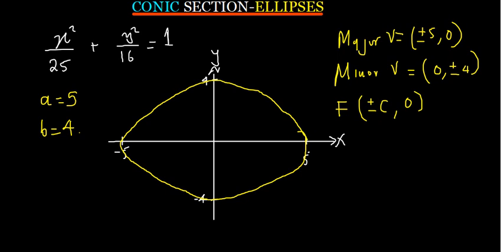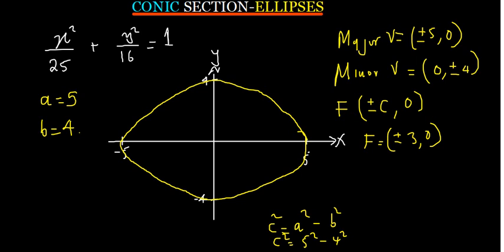Okay, and how do we find the c? c is given by the bigger number squared minus the smaller number squared, so this is going to be the bigger number, which is a, that we found as 5 squared minus 4 squared. 5 squared is 25, 4 squared is 16. That is going to give us a 9. And the square root of 9, since we have c squared, is going to give us a 3, meaning that the foci are positive or negative 3, comma 0. So these are the foci for this one, and that is how we sketch conic sections.